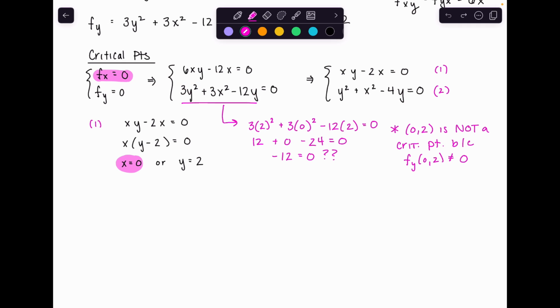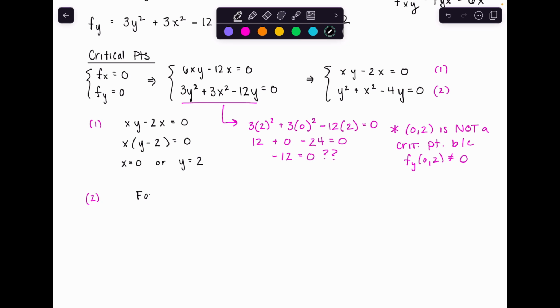And then I'm going to do the same thing. I'm going to set y equal to 2 into the second equation and find what x then will make my partial with respect to y equal 0. So I kind of have two subcases to consider now utilizing the second equation.